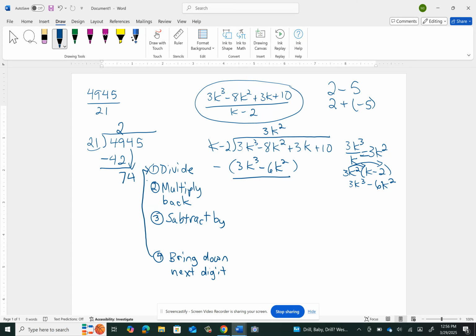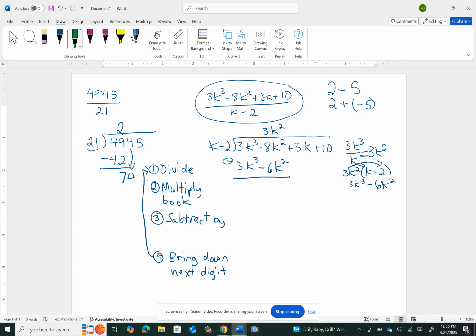So here I'm supposed to be subtracting, but what works really well is to say, I know that if I'm subtracting, that's the same as adding the opposite. So instead of thinking of it like subtraction, you can say, if I'm subtracting that whole polynomial, then that would be the same as adding a negative 3k to the third.